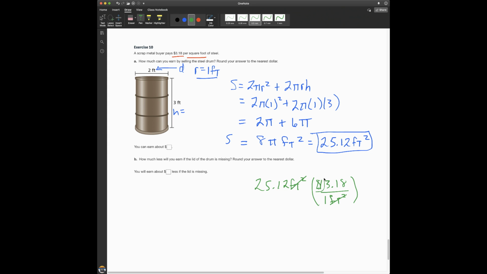So my units in my answer will be dollars. So 25.12 times $3.18 gives me, it says $79 and about 88 cents. And now it says round your answer to the nearest dollar. So rounded to the nearest dollar, this would be about $80. So that's how much you're going to earn.